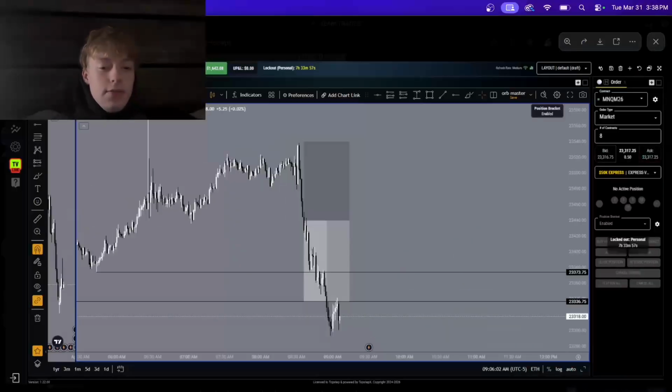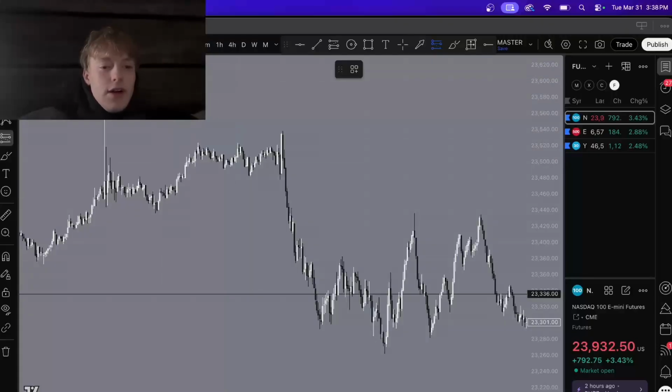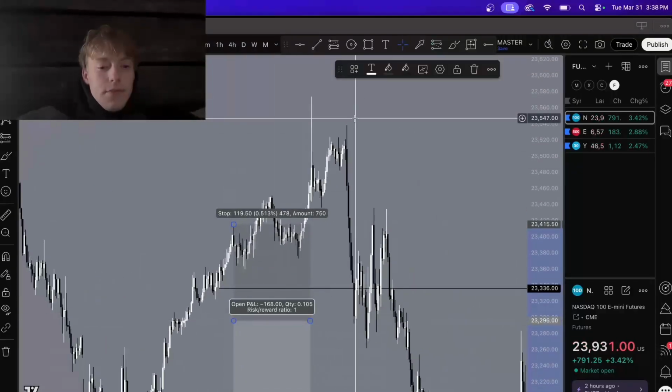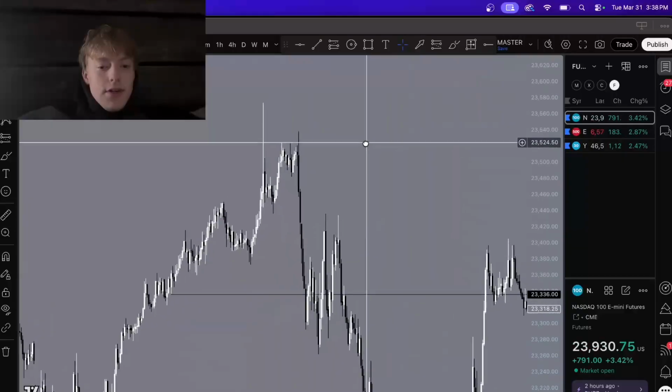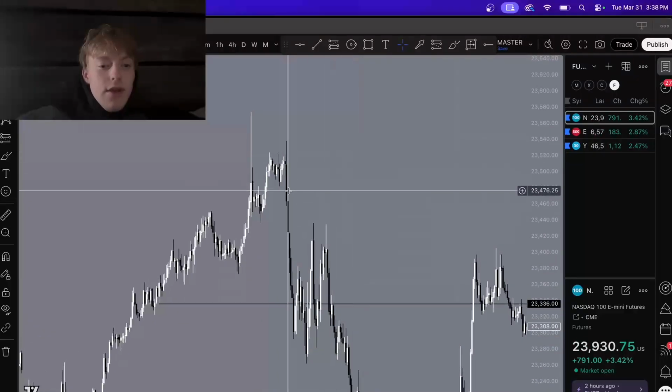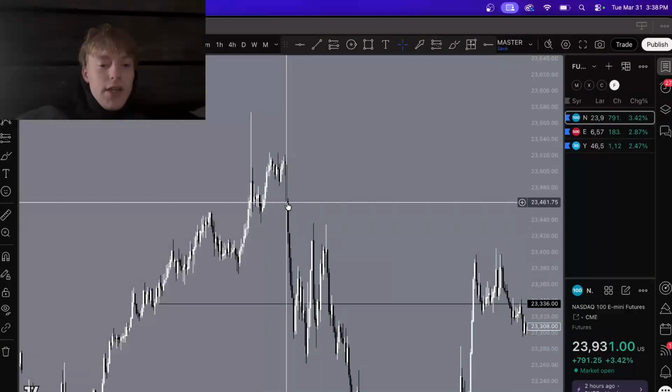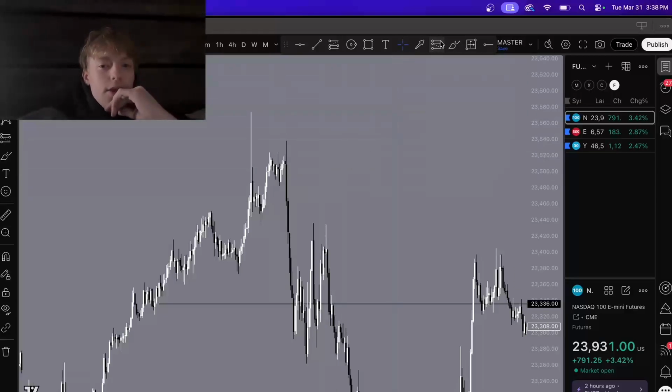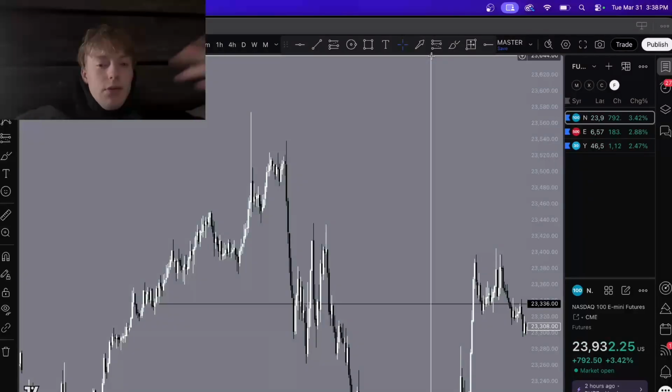So, let's see where I entered. Yeah, literally, and the thing about these is I love entering off 5 minute closures. Okay, and so I entered. Originally I really liked it off of the first candle, but really just confirming that we're going to continue lower.